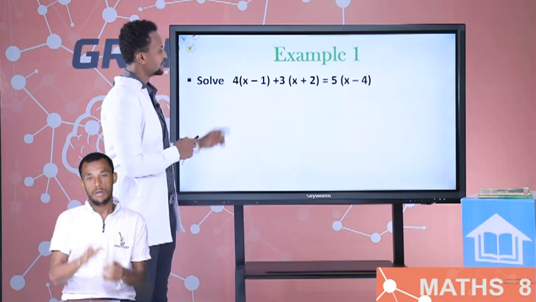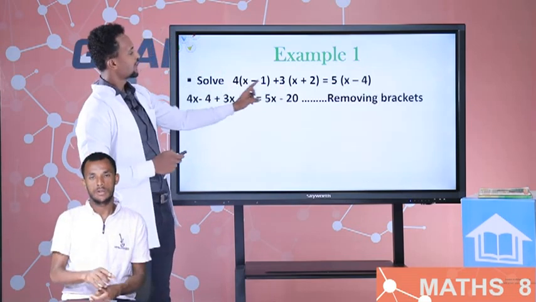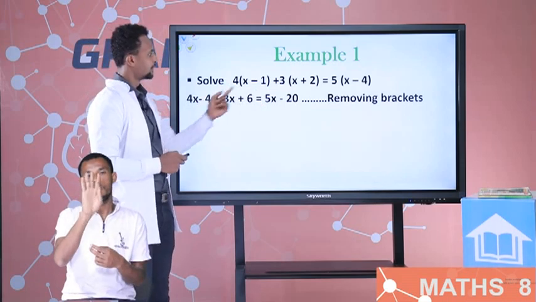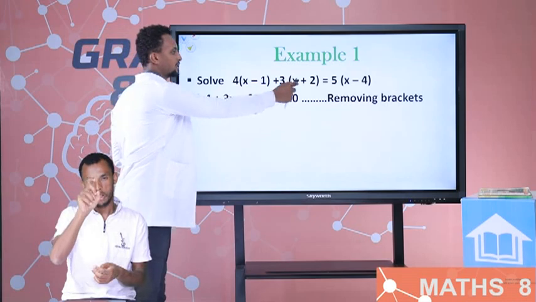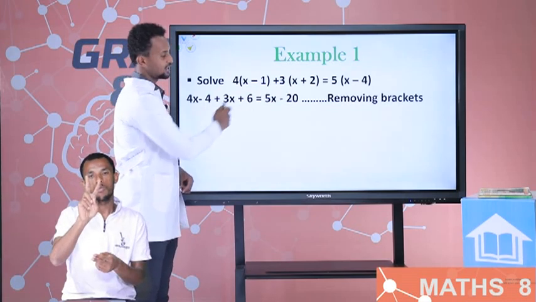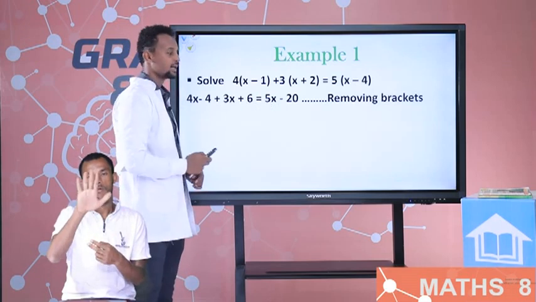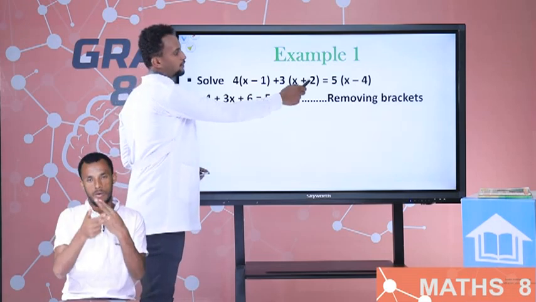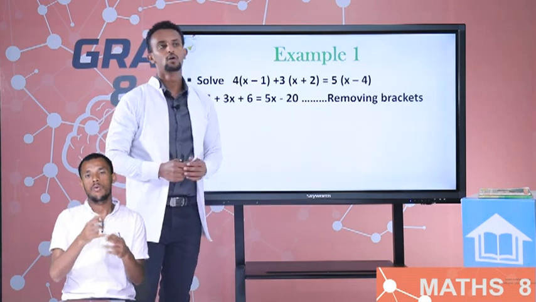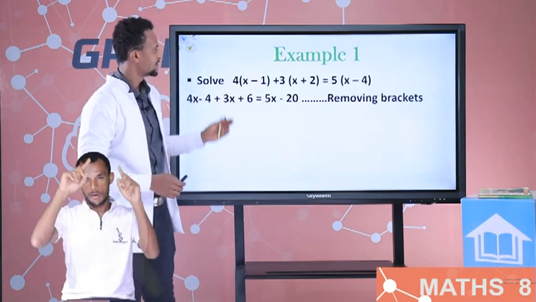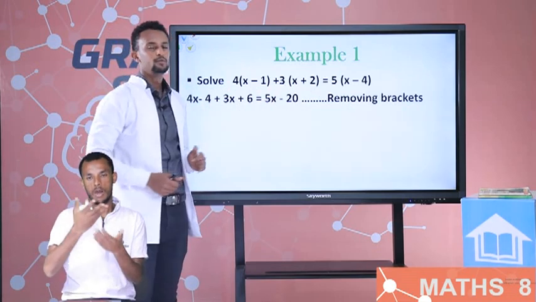So 4 times x is 4x, 4 times 1 is 4, plus 3 times x is 3x, plus 3 times 2 is 6, which is equal to 5 times x, 5x, minus 5 times 4, which is 20. That means after using the distributive property, we have already removed the brackets.